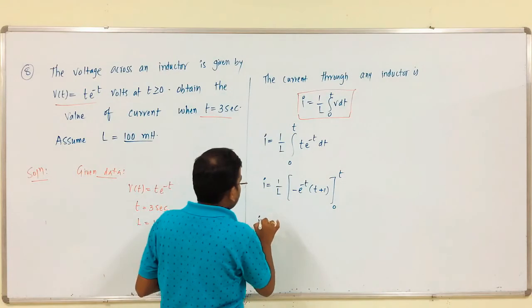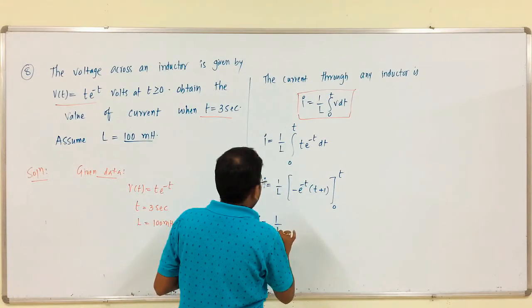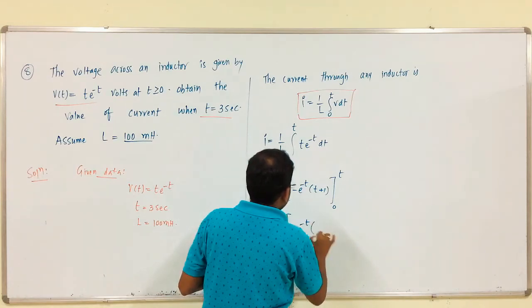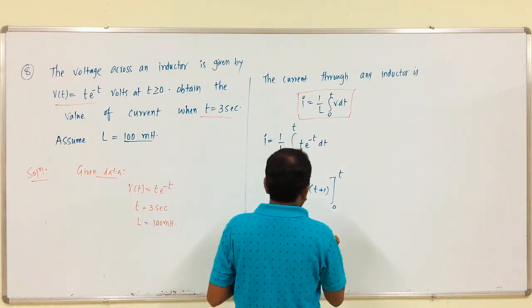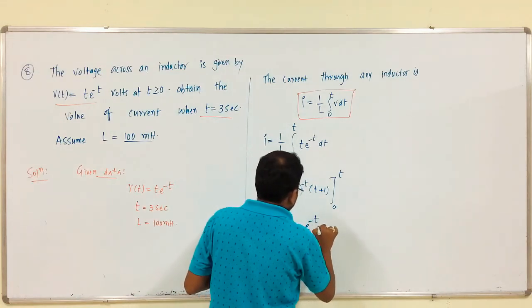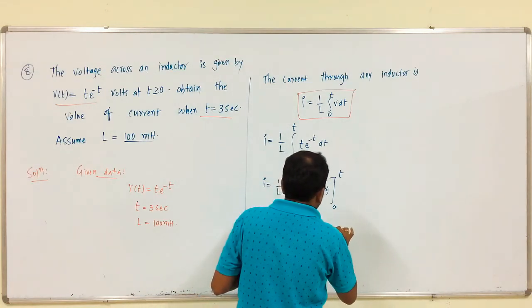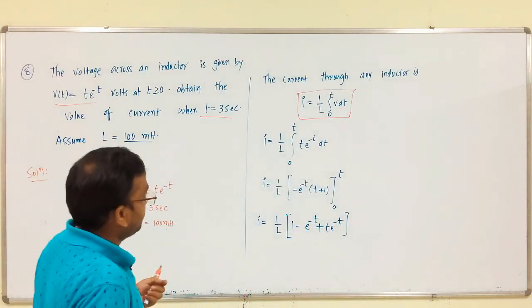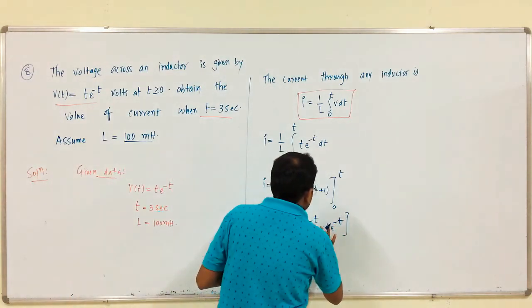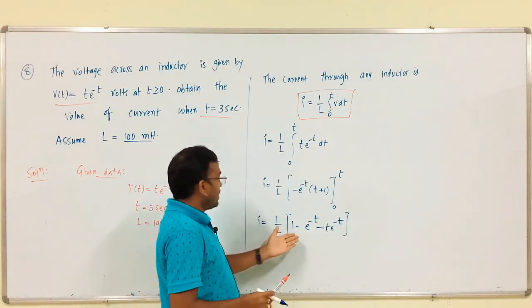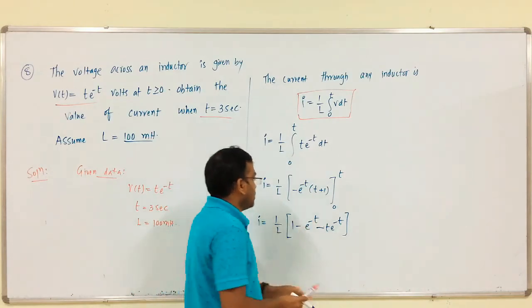So, from this 1 by L, you are going to get 1 minus e power minus t minus t into e power minus t. Okay. This is what we got: 1 by L into (1 minus e power minus t minus t into e power minus t).